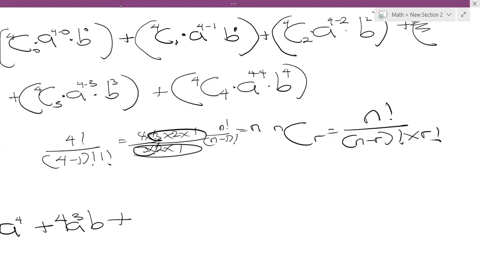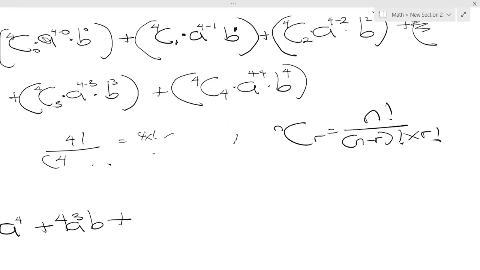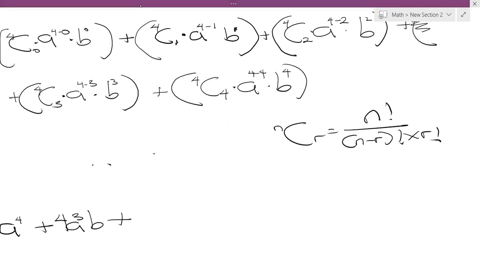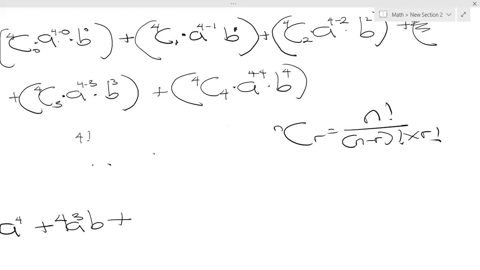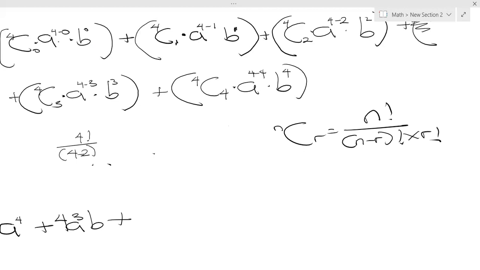So we have 4c2. It's just the same thing. Let me erase this. So we have 4 factorial over 4 minus 2 factorial, 2 factorial.